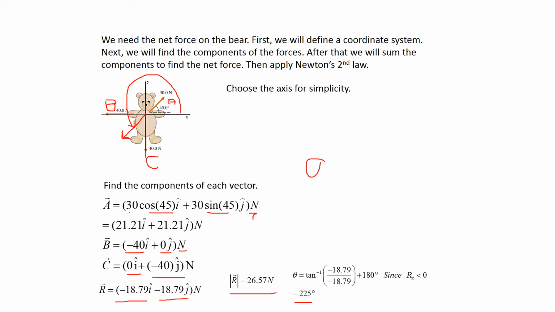The acceleration of the bear, the thing we are looking for, what's going to happen to the bear, is that the net force divided by the mass is going to be equal to the acceleration. So 26.57 divided by, I'm sorry, not 2, divided by 1/2, 0.5.